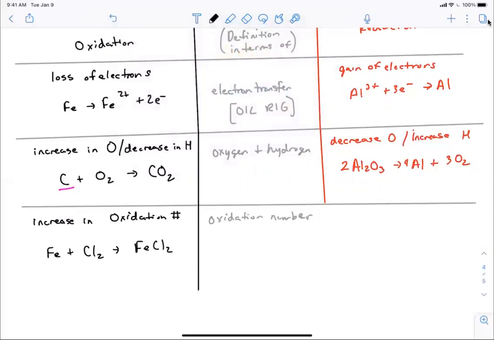Something like this, where there's no electrons and there's no oxygen, no hydrogen, those other definitions are limited. But when you actually look at the oxidation number, Fe is 0. In here, Fe is +2. So you've increased in oxidation number. So therefore, iron is oxidizing here.